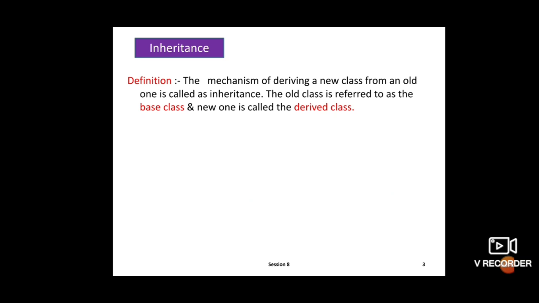We have already seen the definition of inheritance in the OOPS concept. The mechanism of deriving a new class from an old one is called inheritance. The old class is referred to as the base class and the new class is called the derived class. Base class is the old class and derived class is the new class. Creating a new class from an old class is called inheritance.